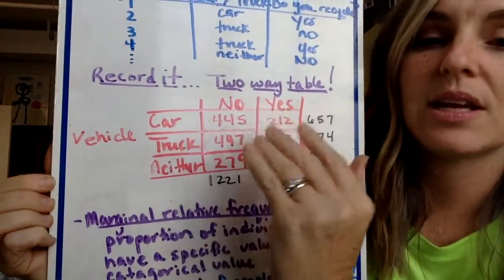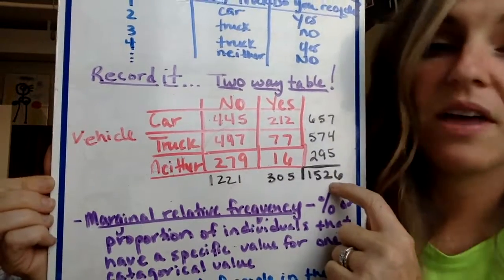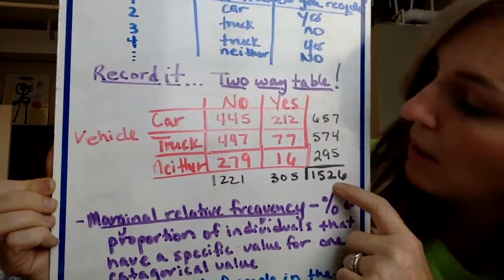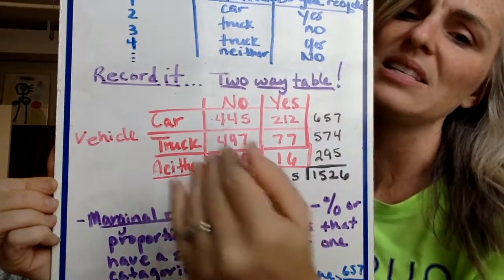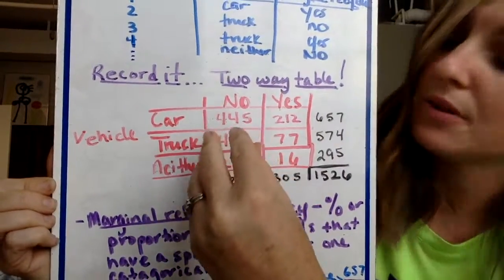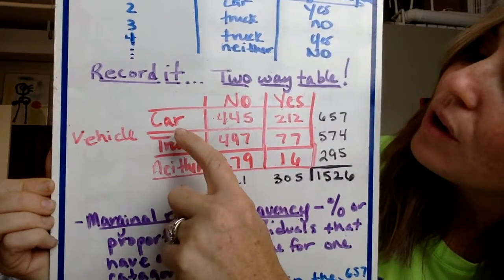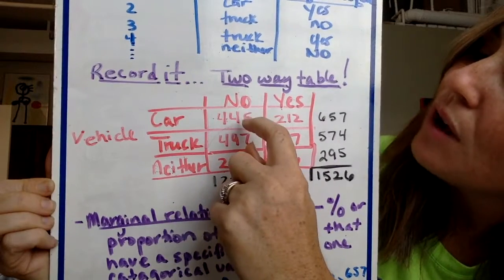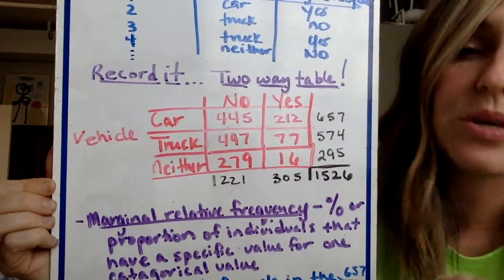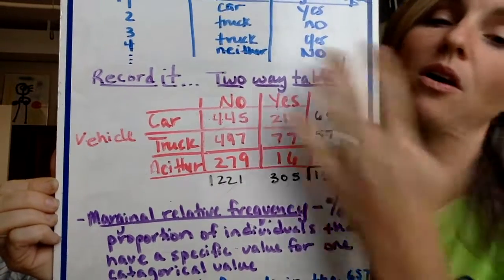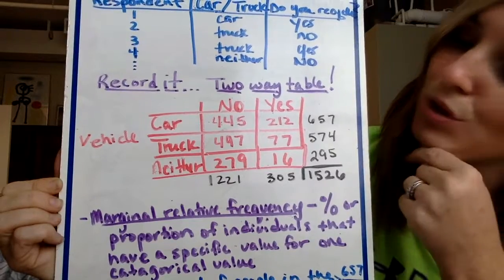So a two-way table looks like this. Let's say we asked 1,526 of them these two questions, okay? And this is the data that we got, the red. We said 445 people own a car but do not recycle. 212 people own a car but do recycle. Then in black here you can see I took marginal totals.